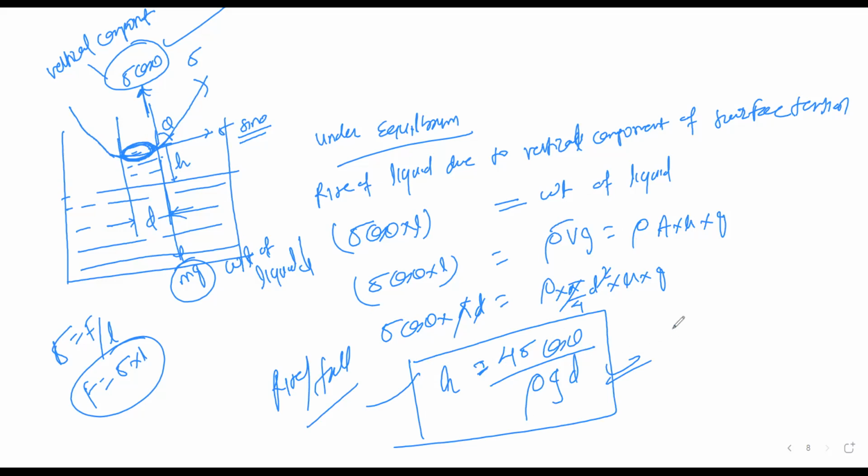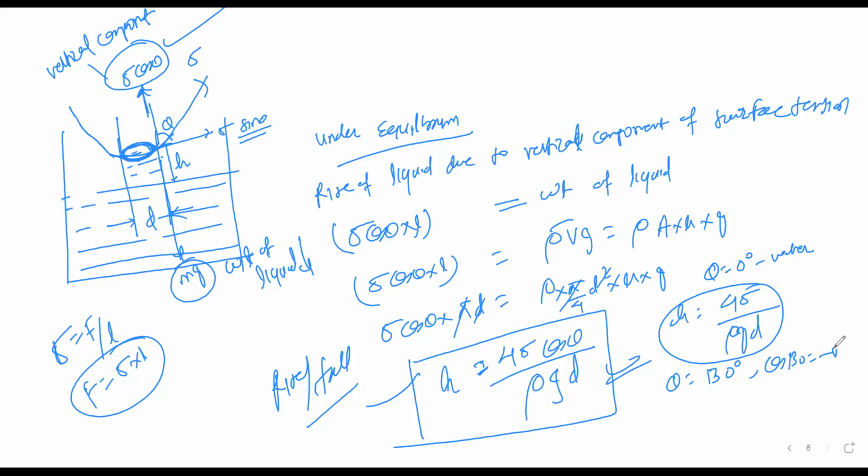If theta is equal to 0, that is for the water case, the h value will be 4 sigma cos 0, which is 1, divided by rho g d. Or if you assume theta is equal to 130 degrees, the cos 130 degree value will be negative. So the h value is minus 4 sigma cos 130 divided by rho g d, and this minus indicates that there is a fall of the liquid.